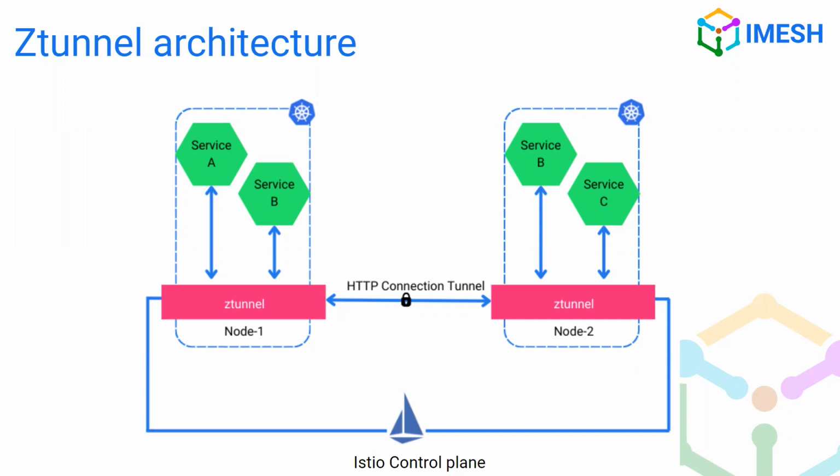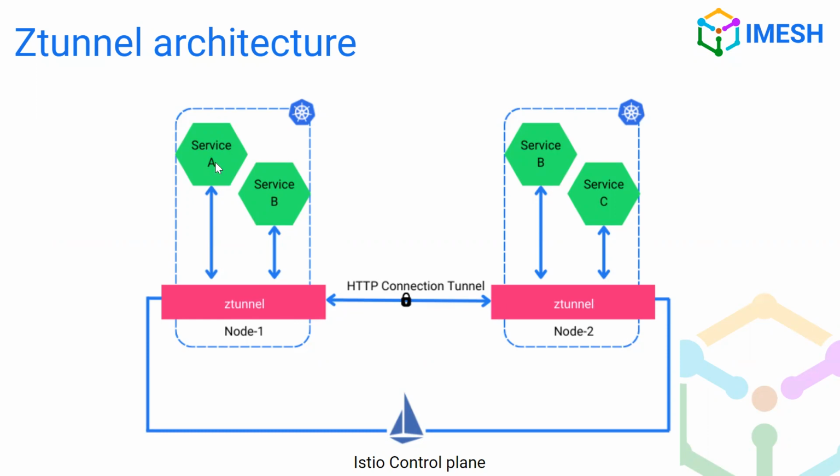It is a next generation transport channel, we can say. In this case, the Ztunnel establishes a secure channel between all the nodes basically. Suppose we have only two nodes, these two nodes will be talking over a secure channel.